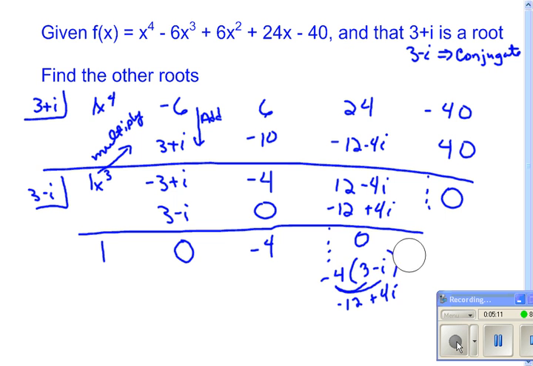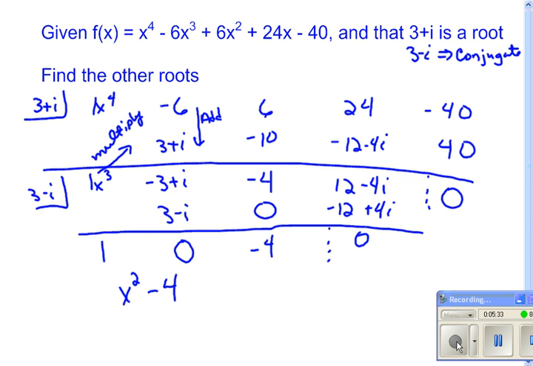Again, you should always get 0 because it's the conjugate. So at the beginning, we had an x to the fourth. The first depressed equation was an x to the third. Now you have an x squared. So now we have the depressed equation x squared plus 0x minus 4.